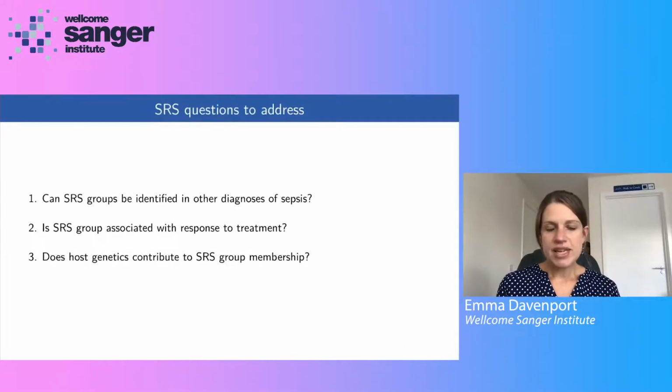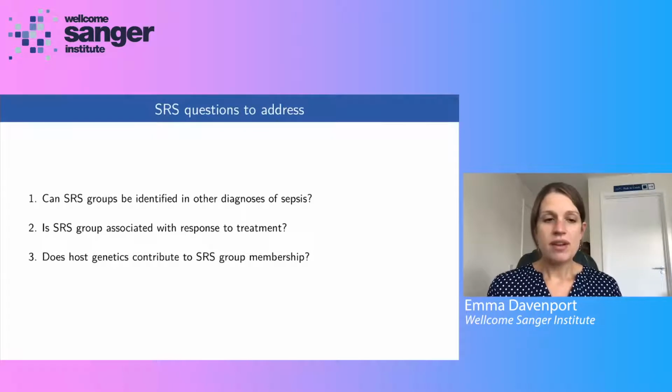Having identified these SRS groups and been able to validate them within our cohort, there are a number of questions that we were then really interested in starting to address. The first of these is, having seen SRS group in community-acquired pneumonia, are we also able to identify them in other diagnoses of sepsis?